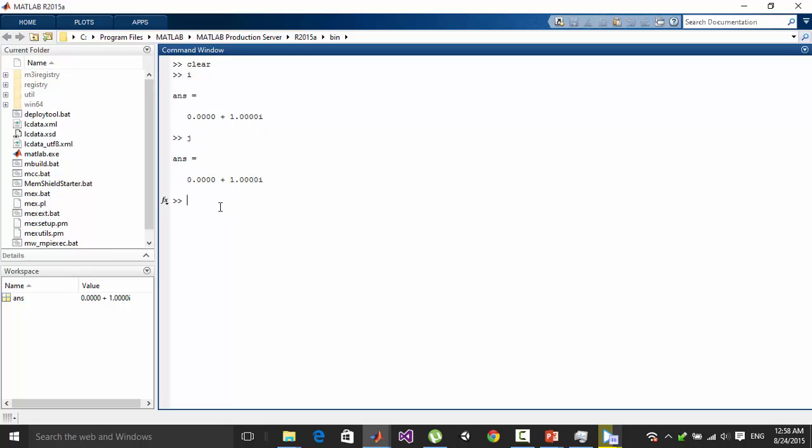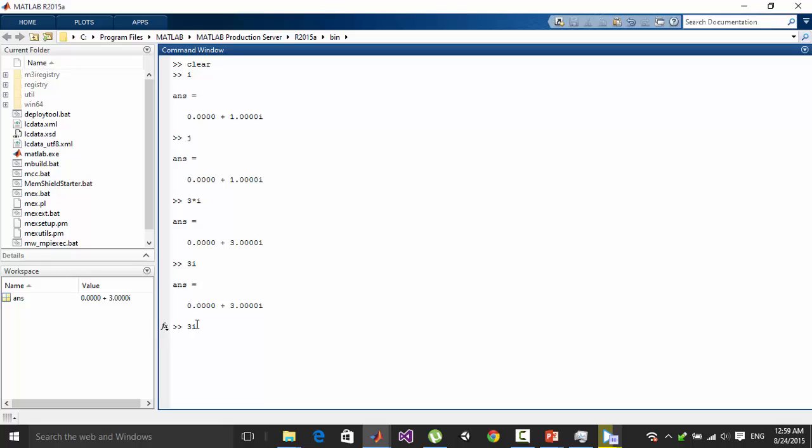Okay, so if I typed 3 multiplied by I, I get this answer. If I type 3I, I also get the same answer. So you don't have to type the asterisk for multiplication. You just type it just like this and MATLAB will understand it.